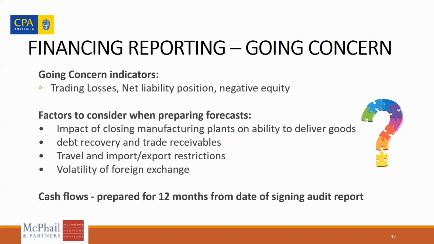You need to consider all sorts of factors, and you need to document the key assumptions that you're making in your cash flow, because your auditor needs to look at those assumptions and be able to audit them. One thing to be aware of in particular is debt recovery and the impact on trade receivables.